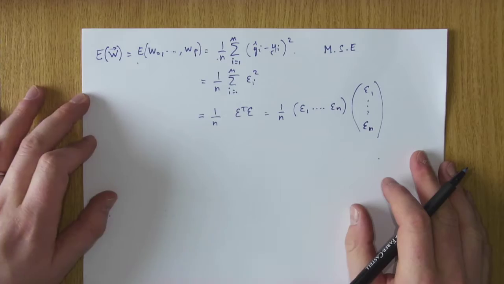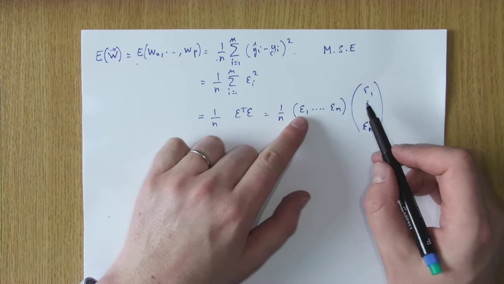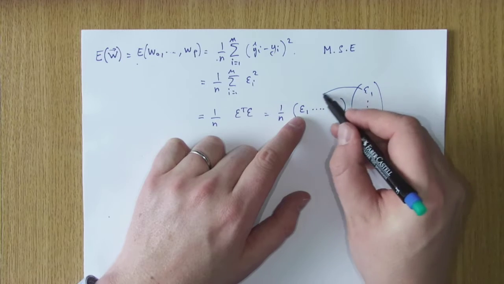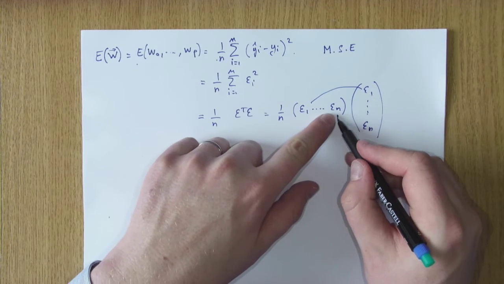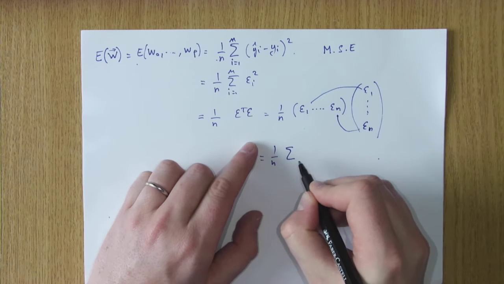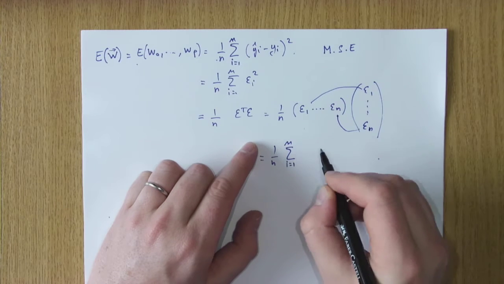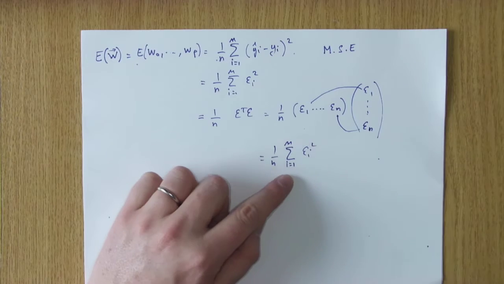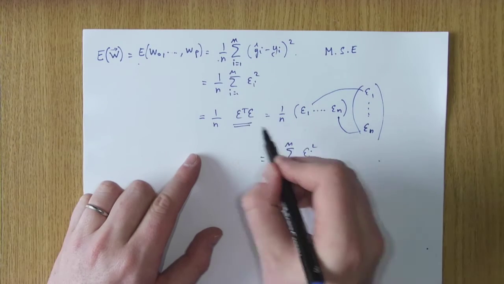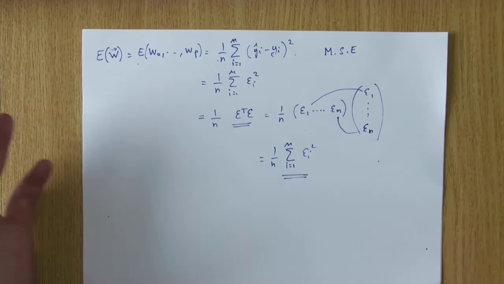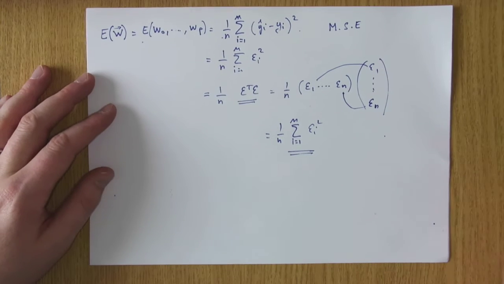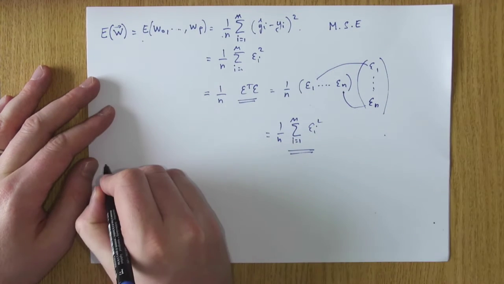And when you start to do the multiplication, you first multiply epsilon 1 by epsilon 1, then you move on, then you multiply epsilon n by epsilon n. So really, this will be something like that. So sum over i from 1 to n of epsilon i squared. Okay, so indeed, this matrix notation is equivalent to that version.